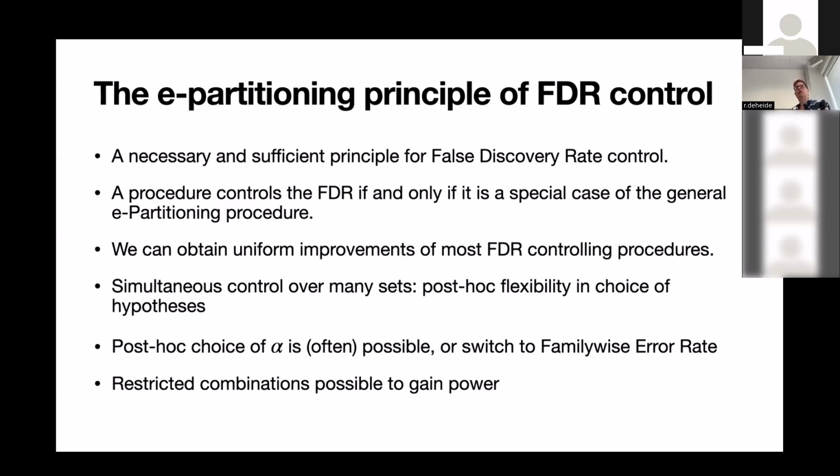So you can choose your significance level also after seeing the data and after computing your e-values. You can also switch to family-wise error rate. And also something that has not been known for FDR up to now is restricted combination. So there are some logical implications between different sets of hypotheses, and you can handle that with this principle as well.